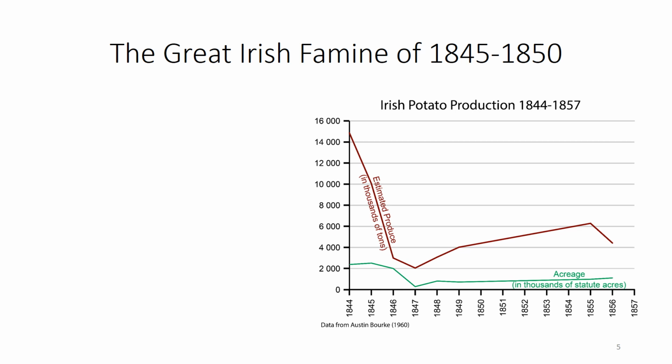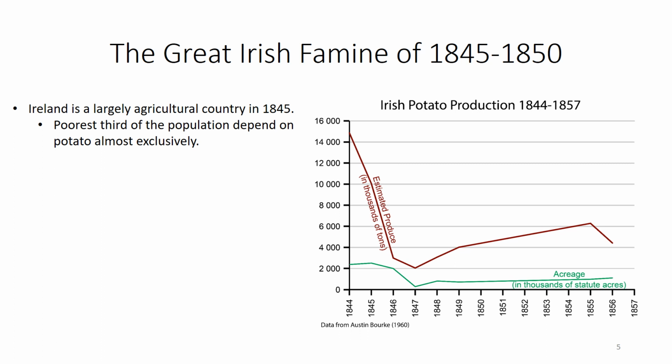Now I want to turn to talk about the Great Irish Famine of 1845 to 1850. You might be thinking about the connection between famine and the Black Death, which we just talked about. So both of those things have associated with them large declines in population, but the Malthusian model will tell us something quite different about what is going to happen during famine.